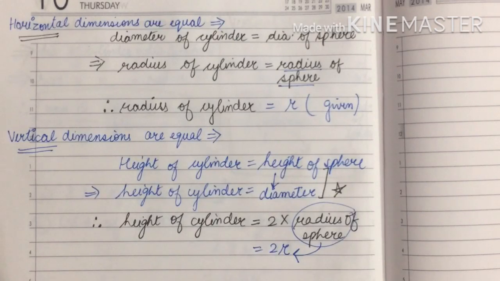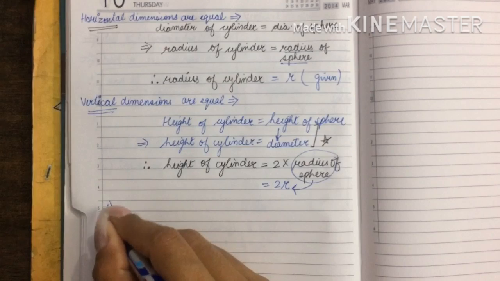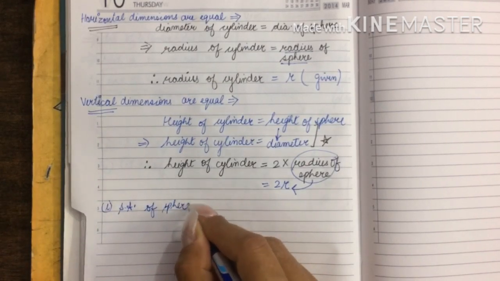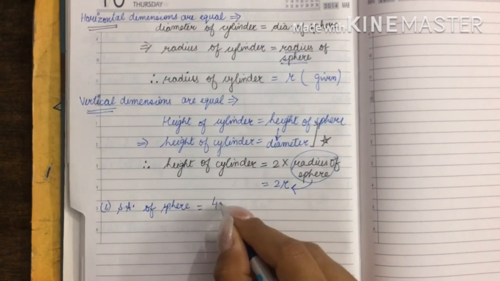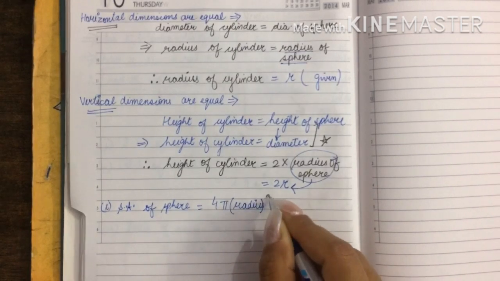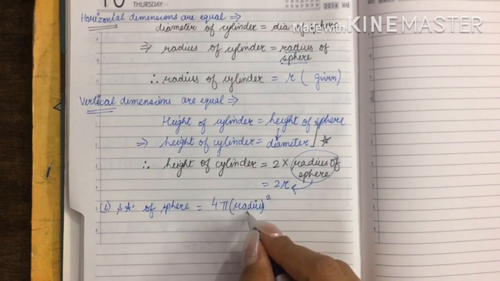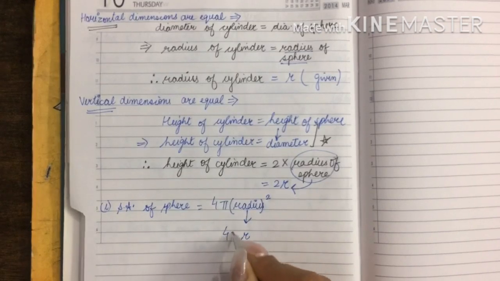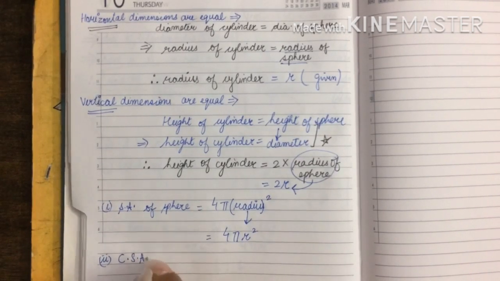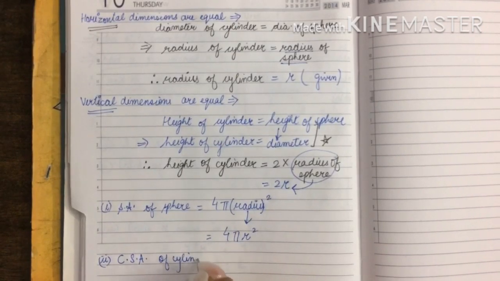Using these, let us find out the surface areas of the two objects. First part, we have to find out the surface area of the sphere. The surface area of sphere is given by 4 pi into radius square, and the radius is r. So this will be 4 pi r square. Now for a cylinder, we have to find out the curved surface area of the cylinder.